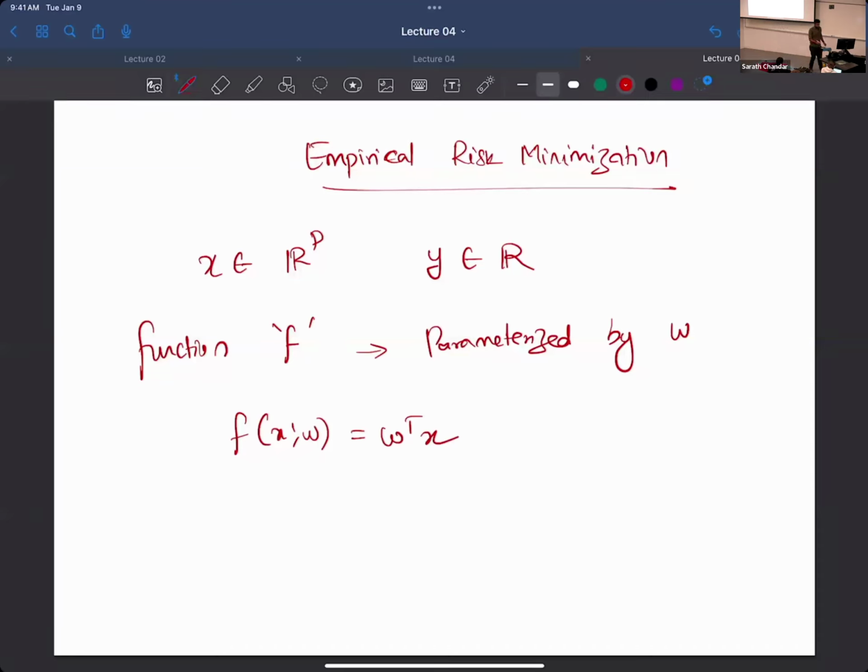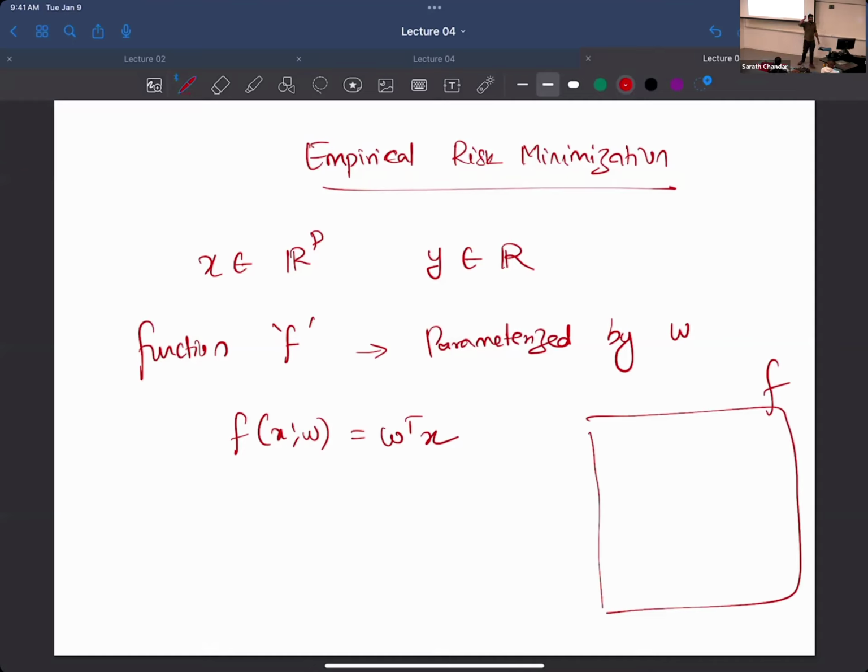So imagine that this is the class of all possible functions that exist in the world. Okay, linear functions, quadratic functions, higher order degree functions, any nonlinear function that you can think of, right? So this is the class of all the functions that exist in the world.